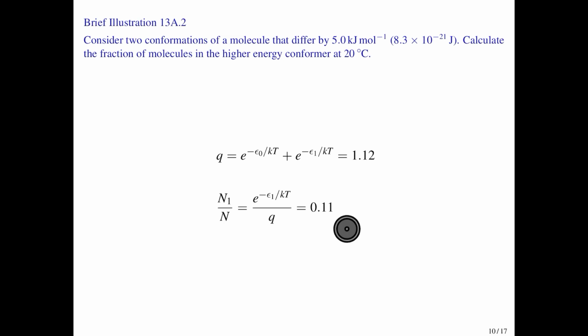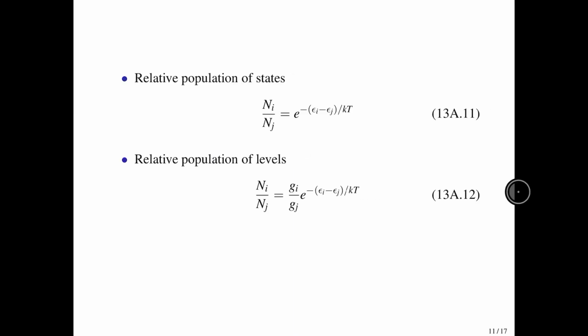This tells us that the fraction of molecules in that higher energy conformer is about 11% at 20 degrees Celsius. And if you were to increase the temperature, you would find this fraction of molecules in the higher energy conformation would increase. If you were to lower the temperature, you would find it would decrease.